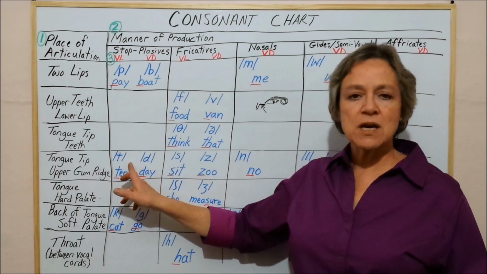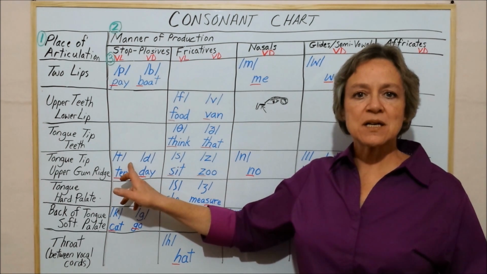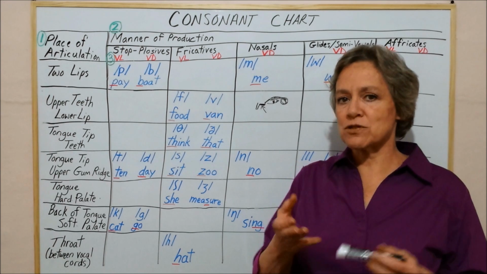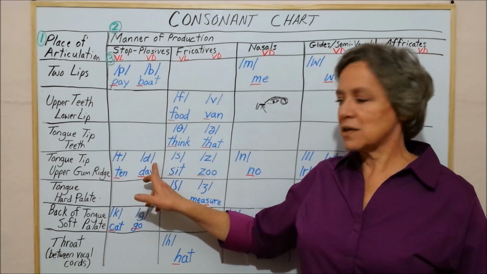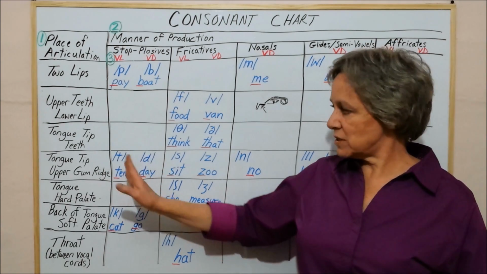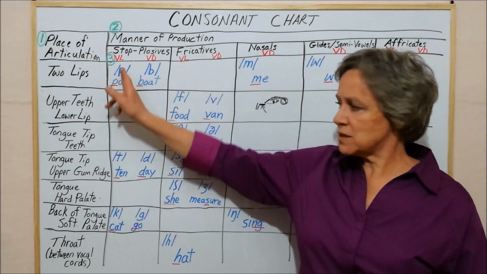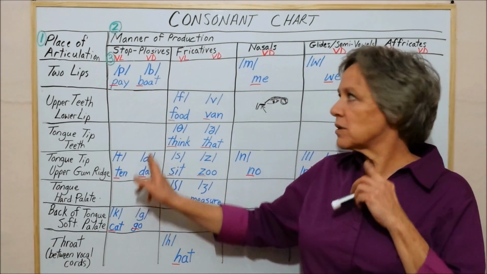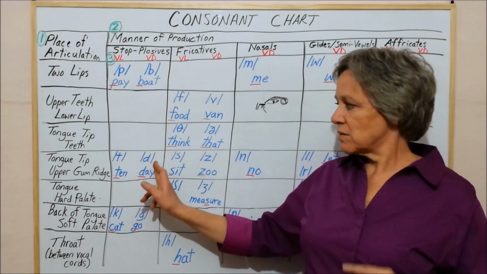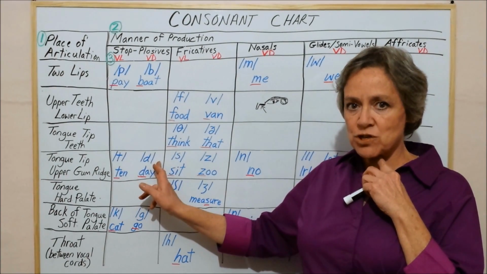So this one is t, t, t. So I'm spitting out the air, it's forceful. This one is d, d, d. And the difference, of course, is that t is voiceless. There's no vocal cord vibration. D is voiced, so there is vocal cord vibration.